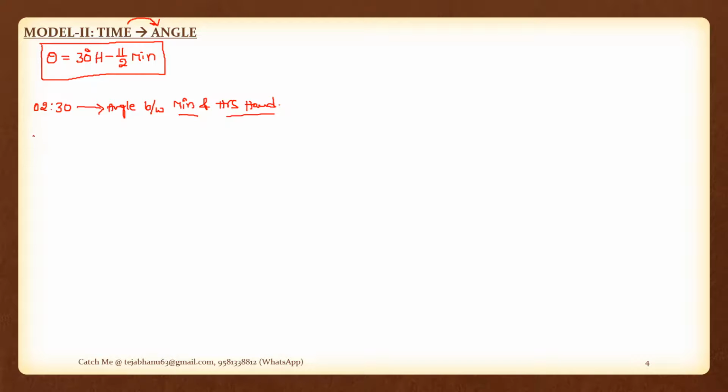Method one, by using the formula: theta is equal to 30 degrees into 2 minus 11 by 2 into 30 minutes. 2 goes 15 times, so 30 into 2 is 60, minus 11 into 15 is 165, which gives minus 105 degrees.